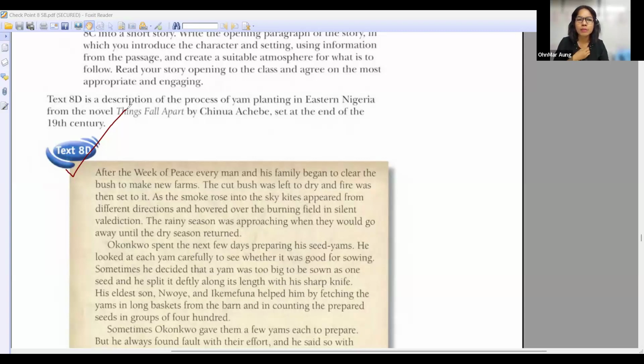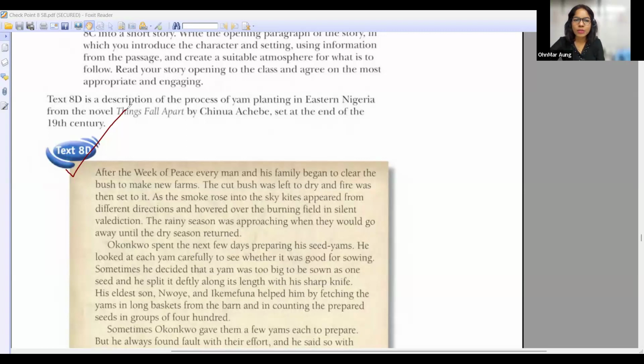And then as the smoke rose into the sky, kites appeared from different directions and hovered over the burning field in silent meditation. It means they fly over the burning field, and then they will leave.